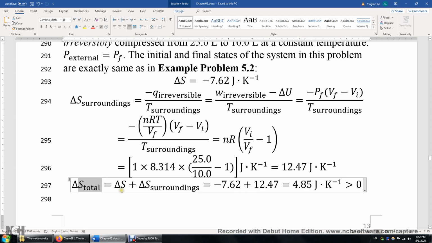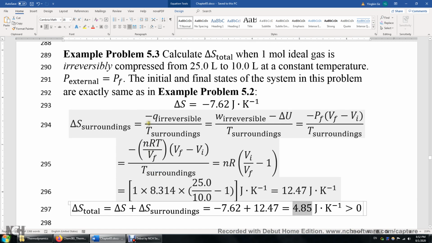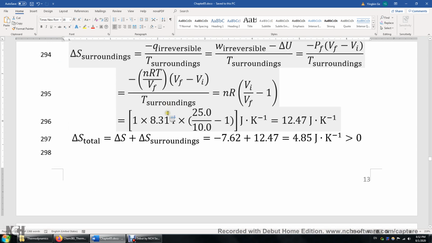That's the sum of the entropy change of the system and the entropy change of the surroundings. Now we get the sum here, 4.85. It's greater than 0. It tells us the entropy change of the universe is positive. The entropy of the universe increases after this irreversible compression. And that makes sense.